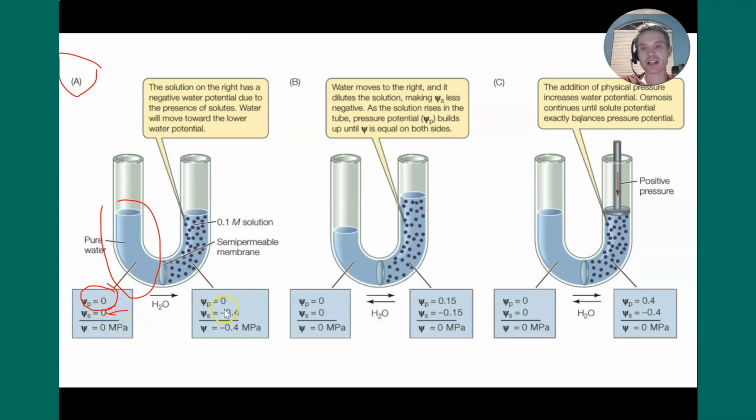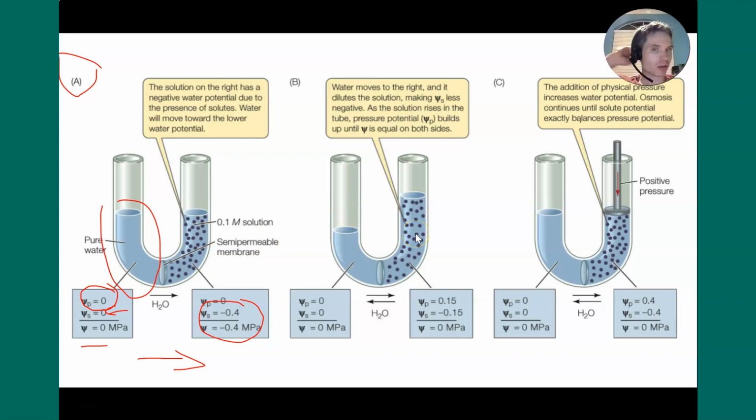On the right-hand side, however, we have a solution, and that gives us a negative number for our solute. Add our solute with the 0 pressure, and we have a negative value for our water potential. Remember, water always goes from the higher, which is 0, to the lower, which is -4. So it's going to go from the left to the right.